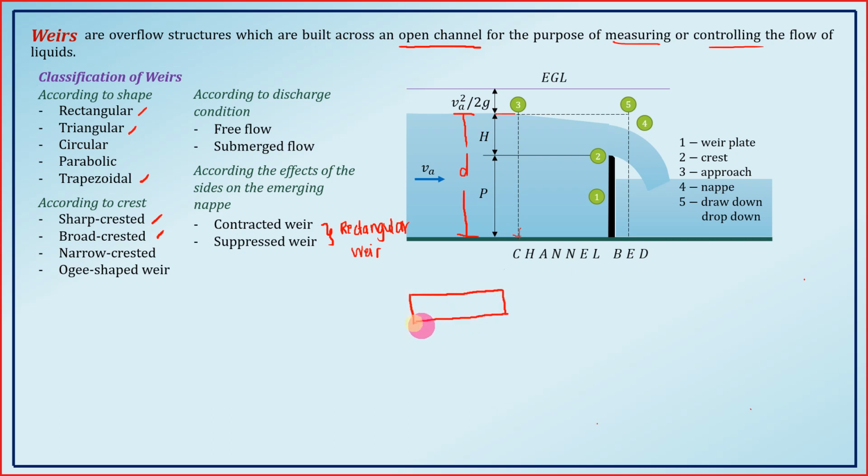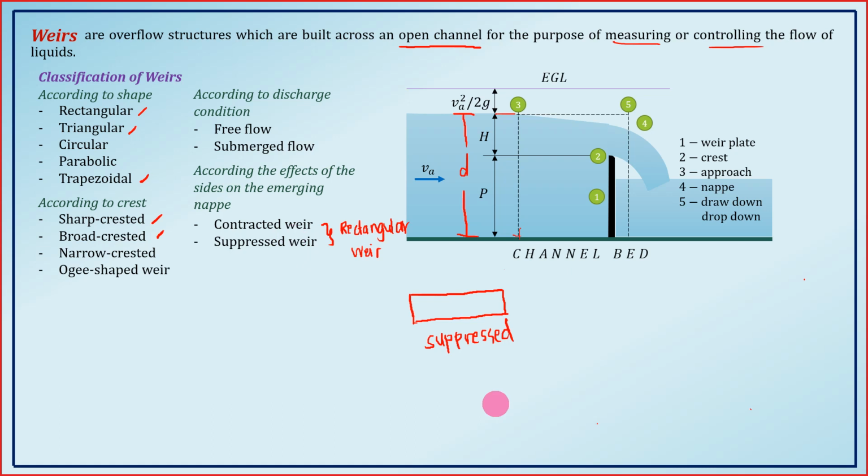Yan yung itsura niya. So, this weir is what we call the suppressed weir. Iba yung magiging effect ng suppressed weir natin sa pag-calculate ng Q kaysa dito sa contracted weir.